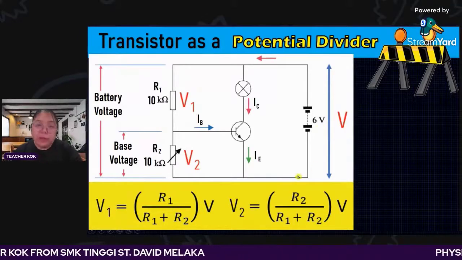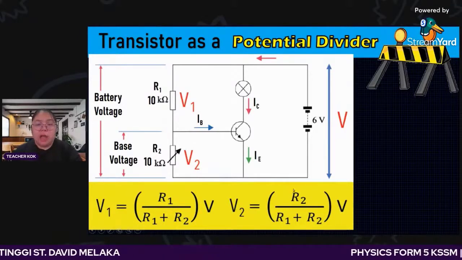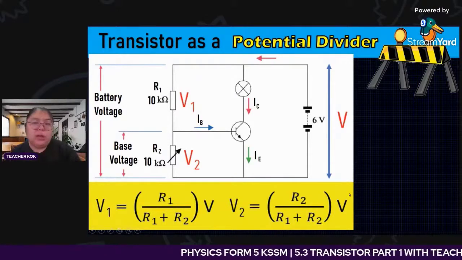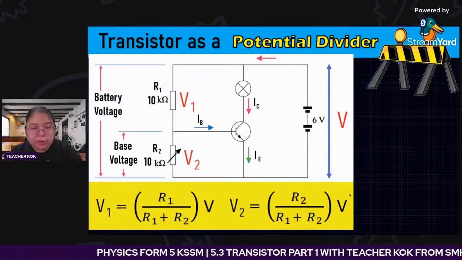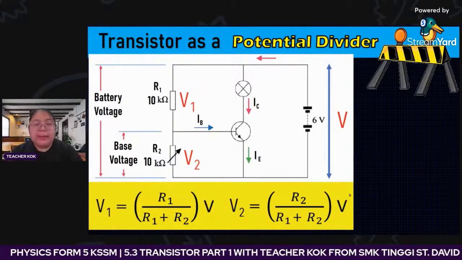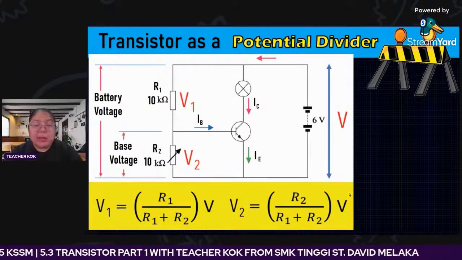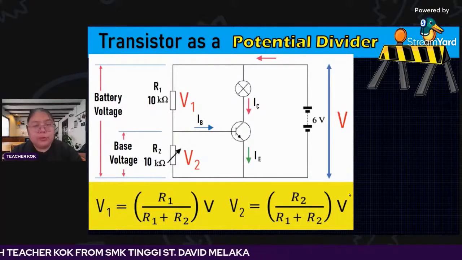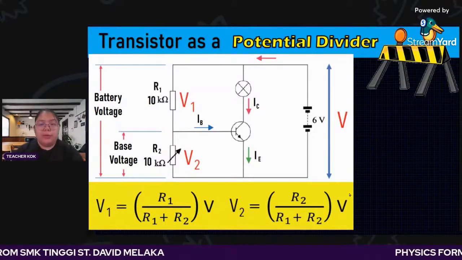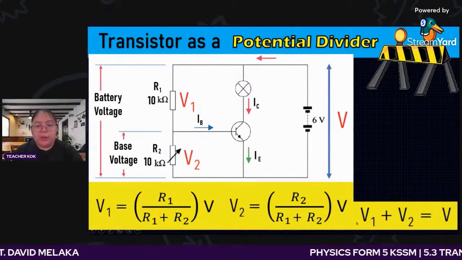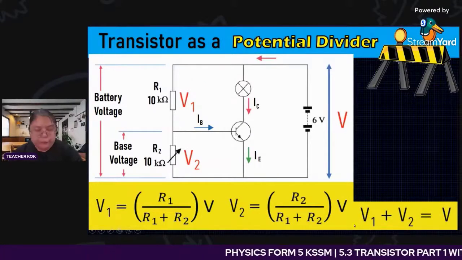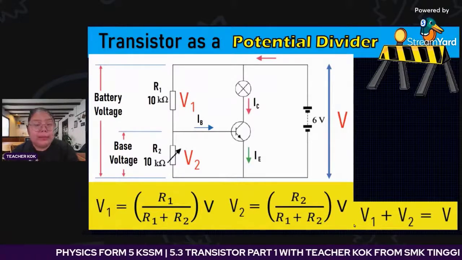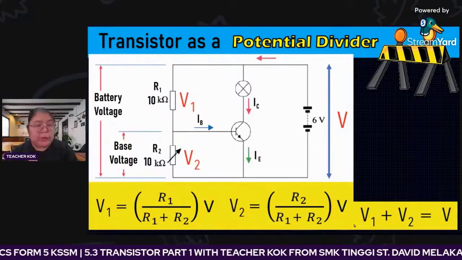If we want to find V2, V2 is R2 over R1 plus R2 multiplied by V. So this is a short formula to let you get the answer faster, when the question wants you to find V1 or V2. In the voltage divider, V1 plus V2 is actually V. So we need to apply this formula for some of the questions.